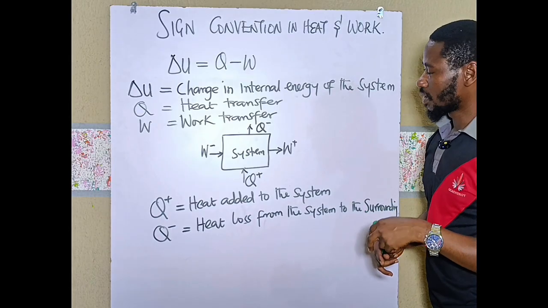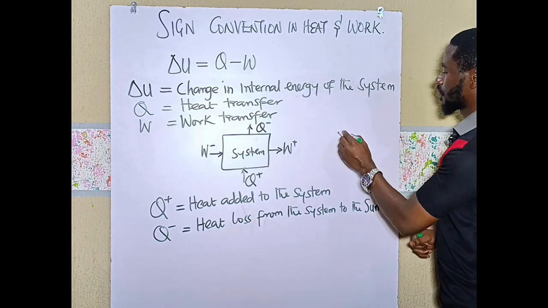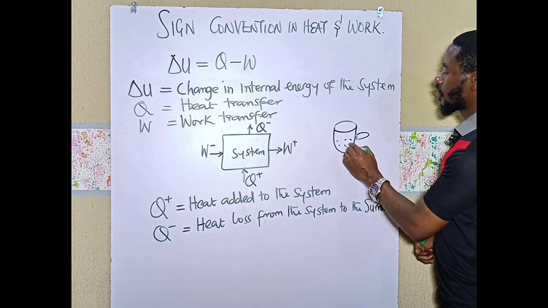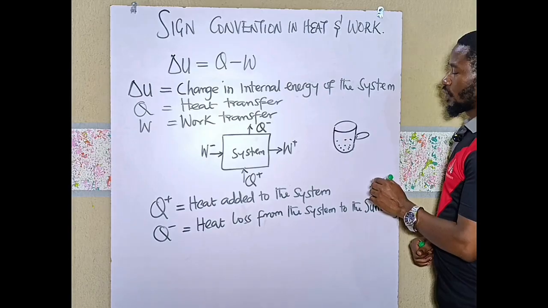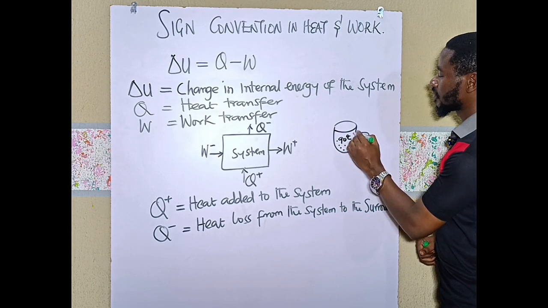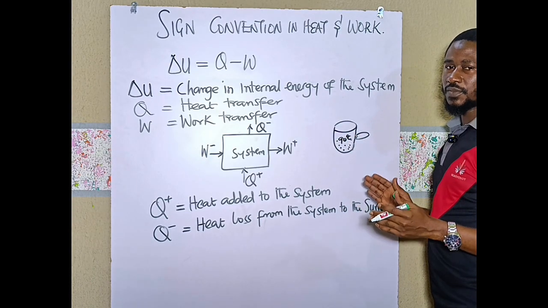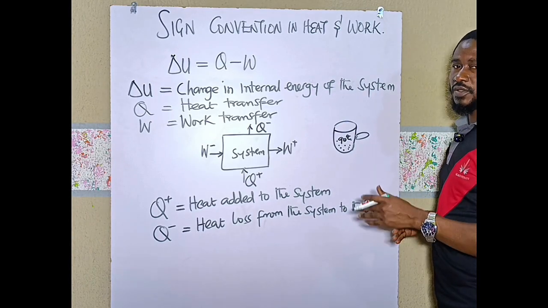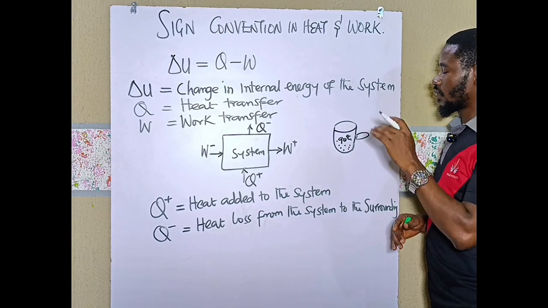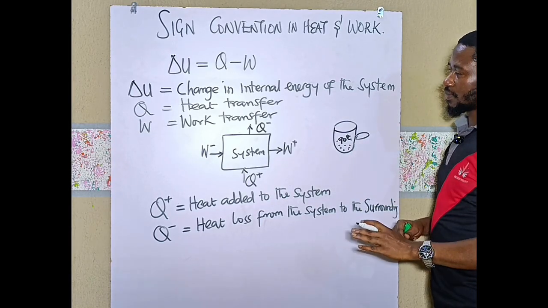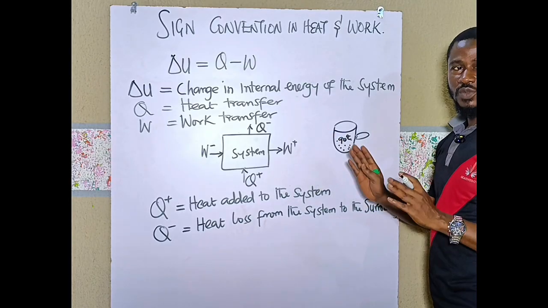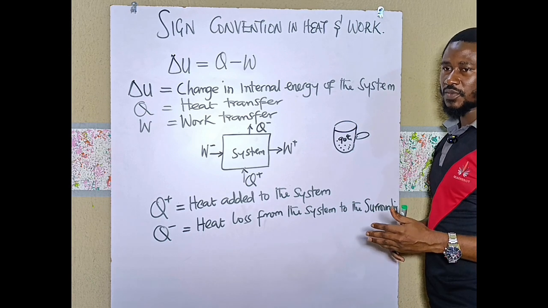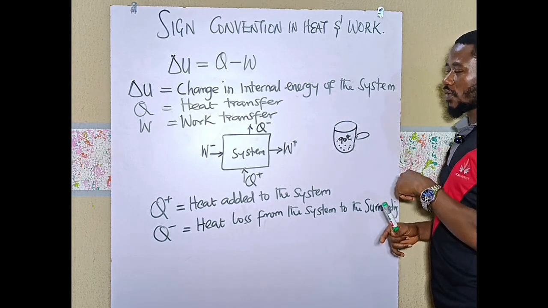Similarly, when you have a cup of hot coffee at about 90 degrees centigrade, when it is exposed to the atmosphere, there is a loss of heat, which means the temperature of the coffee drops gradually. In such a case, heat is being removed from the system. It can also be said as heat loss from the system to the surroundings.